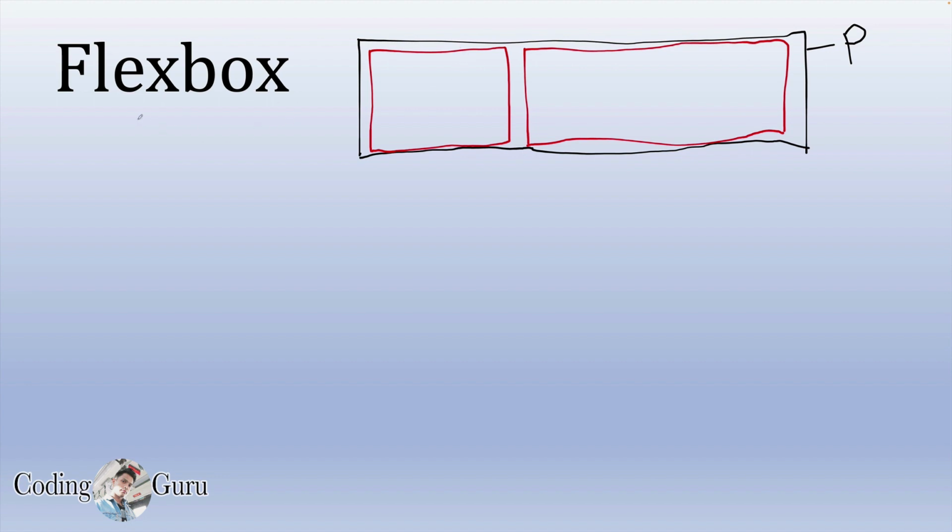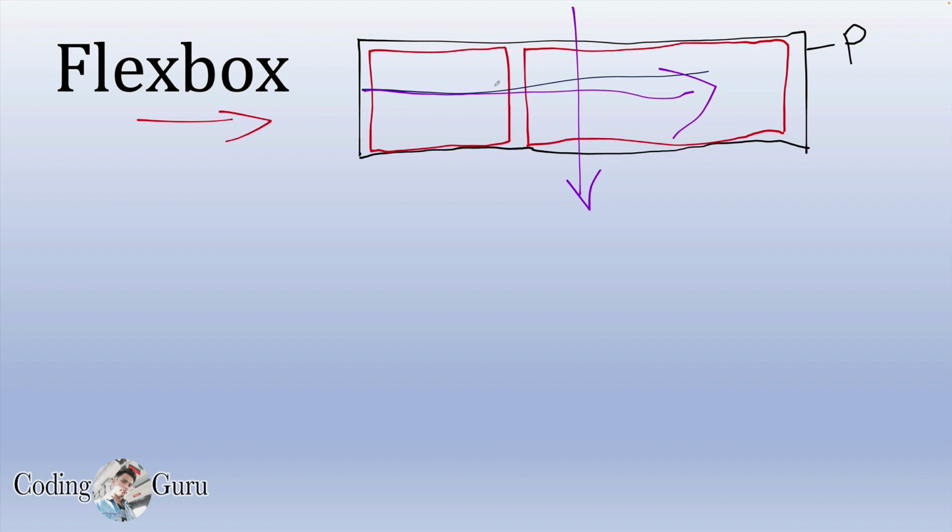By default they are horizontal, which means flex direction is row, main axis is left to right, and cross axis is top to bottom.